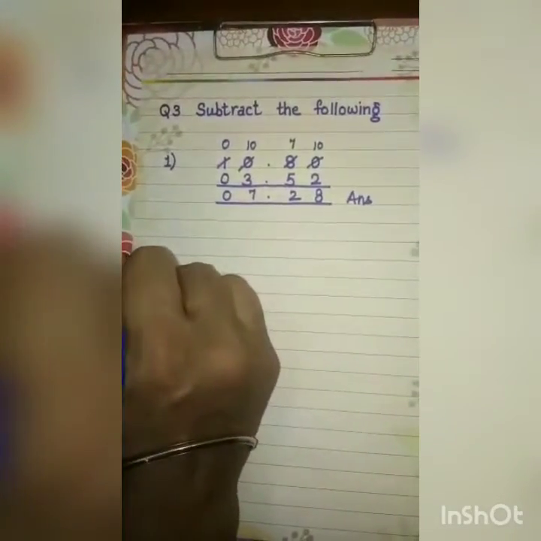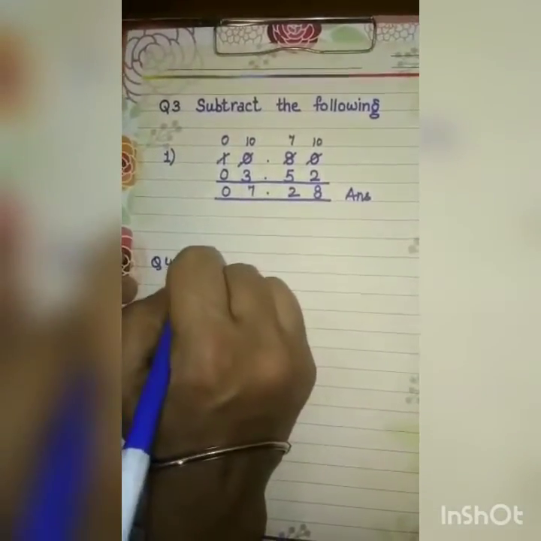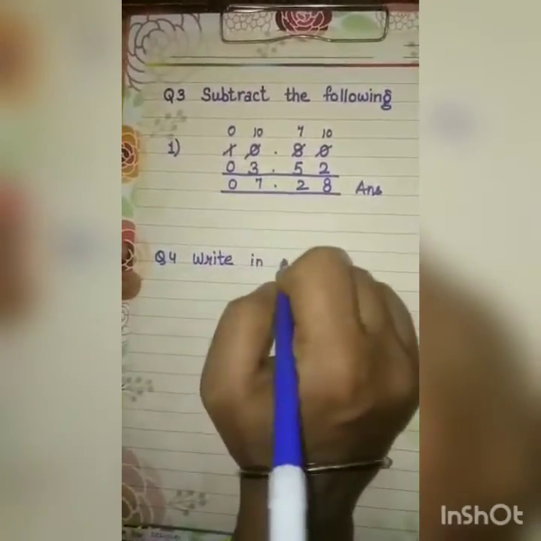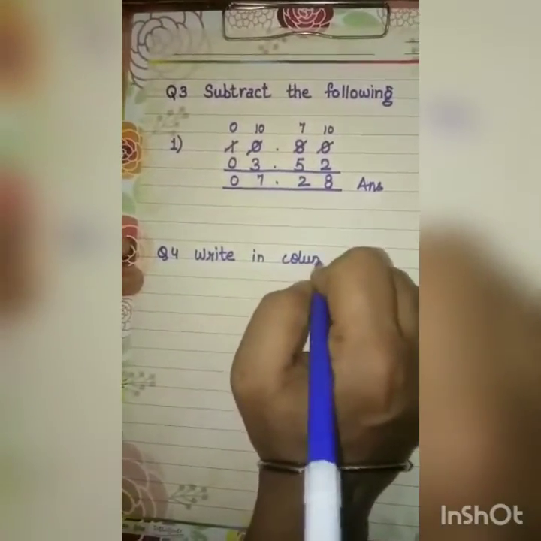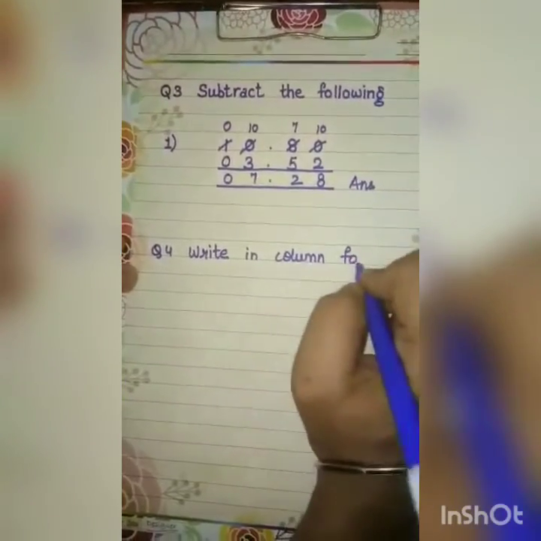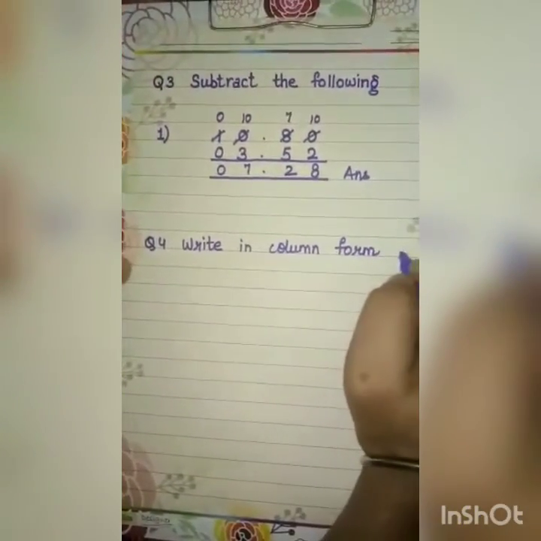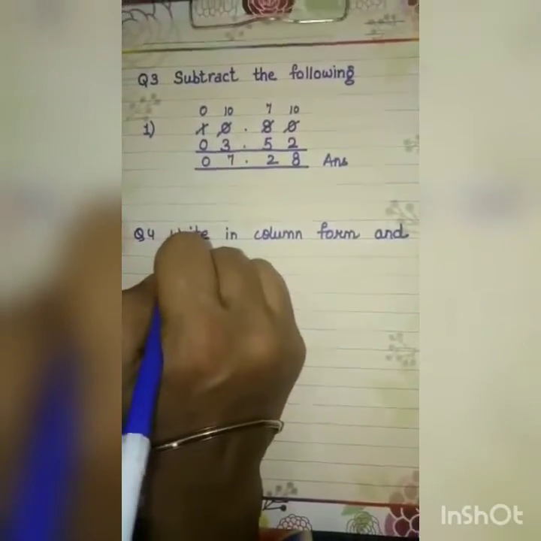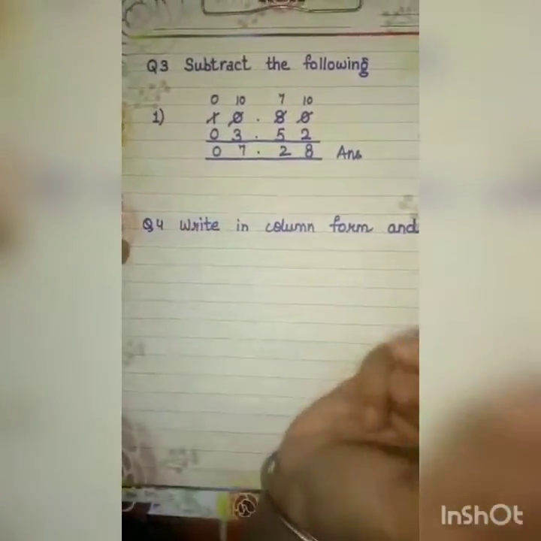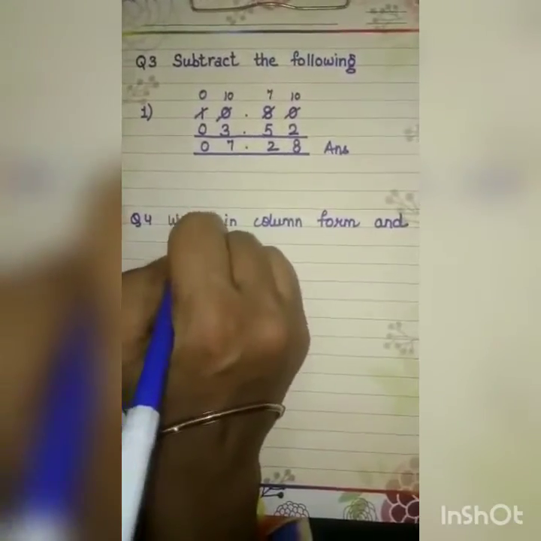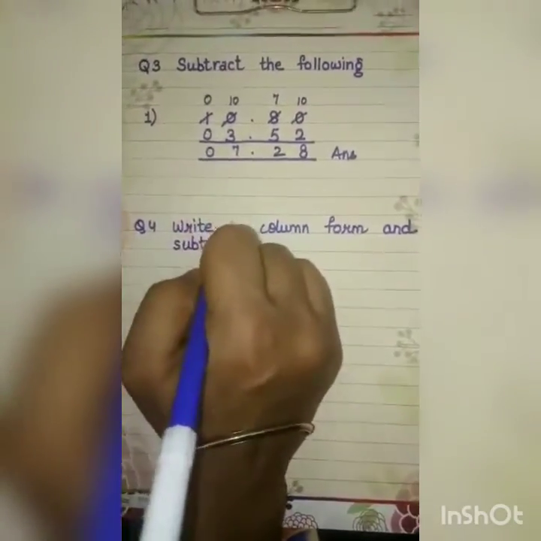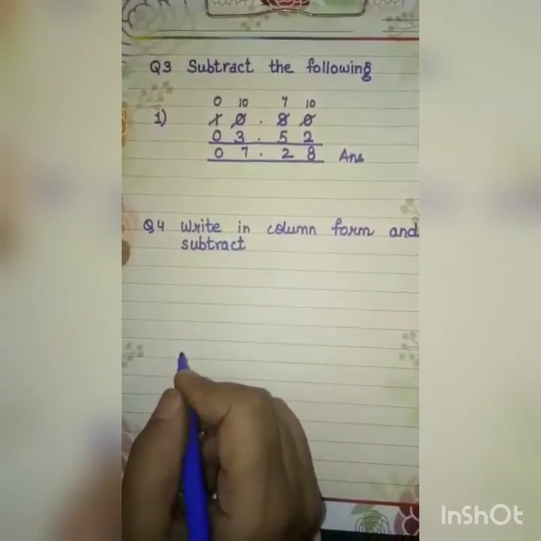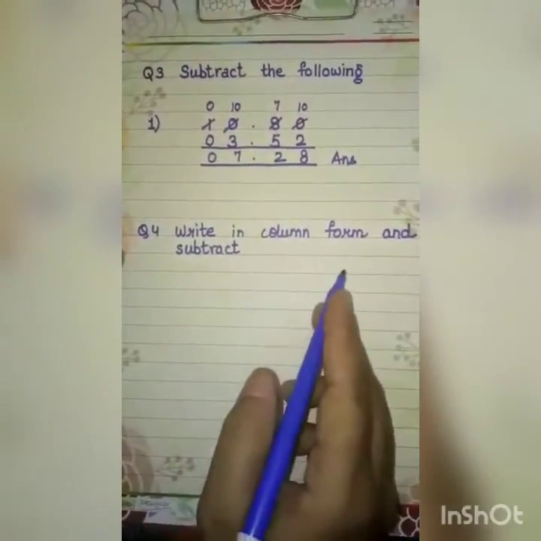Now next question of it is, you have to again write down the numbers given in column form and subtract. Now in column form, when you have been asked to write the given numbers, that means you are being checked whether you know how to write them down or not, and in exams you have got some marks to arrange the given numbers in column form also.